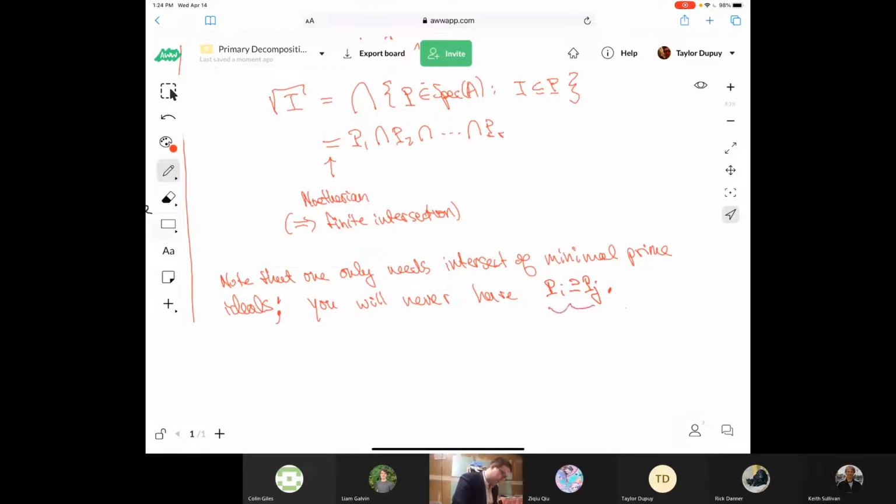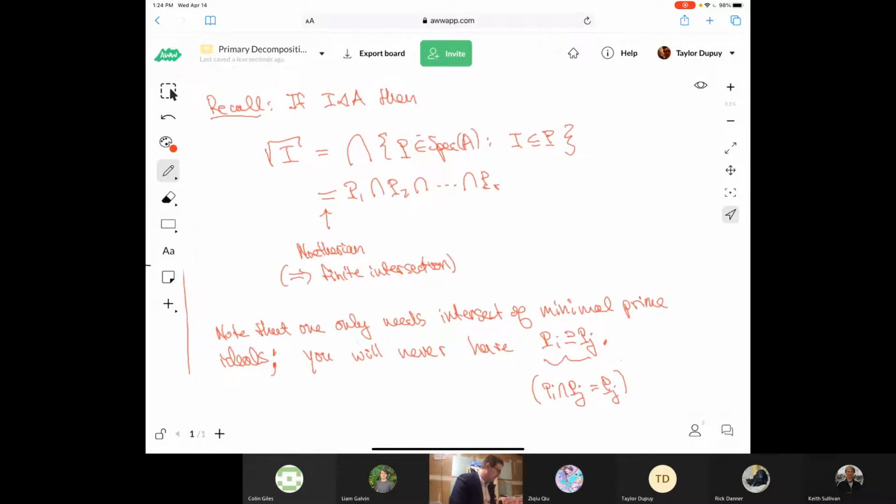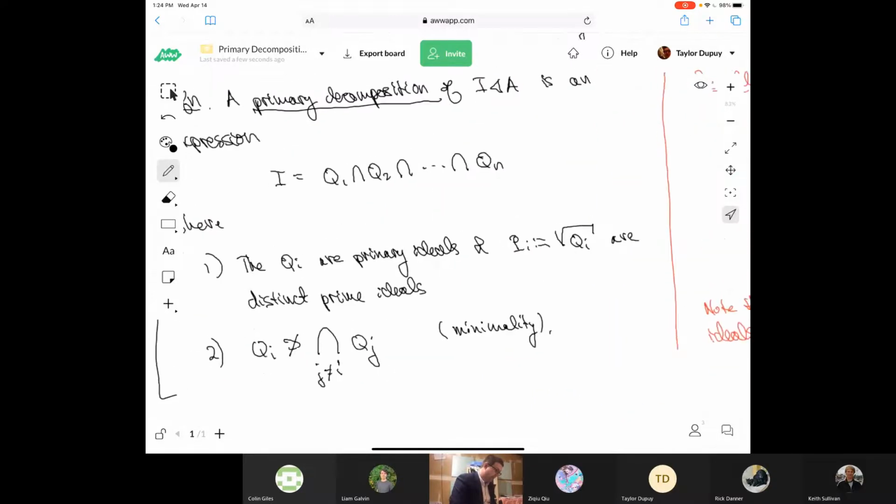Note in this situation, Pi intersect Pj is just Pj. So you always just take the smaller ideal. So this is what the radical ideals look like.